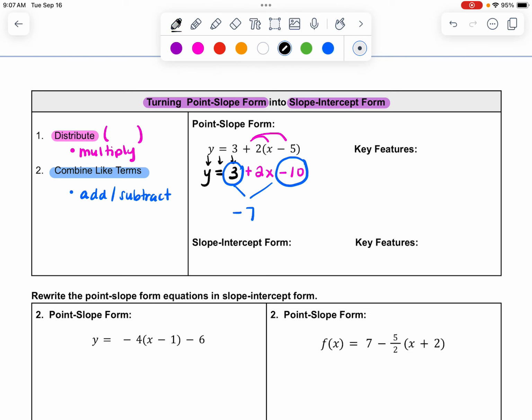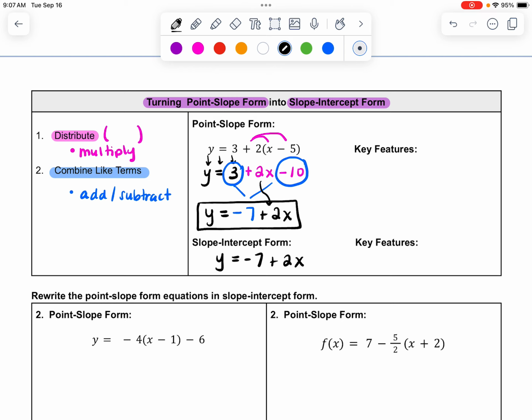And then I'm going to drop everything else down, the y and the equals and the plus 2x. This equation right here looks a little bit different, but it represents the same line. And you'll notice it doesn't have a parentheses. That means that we've officially created slope-intercept form.